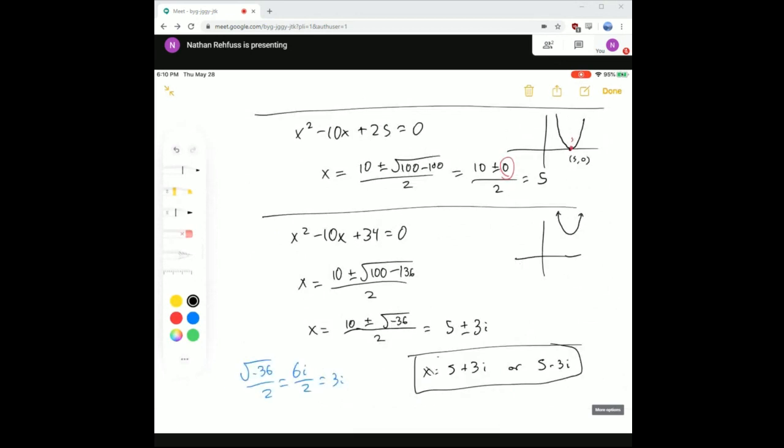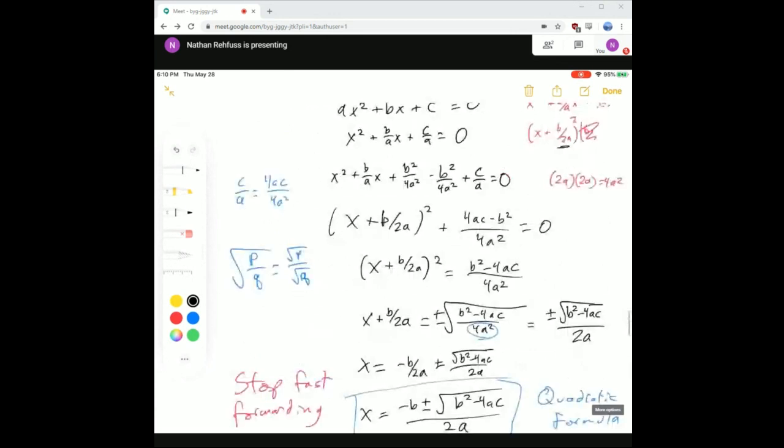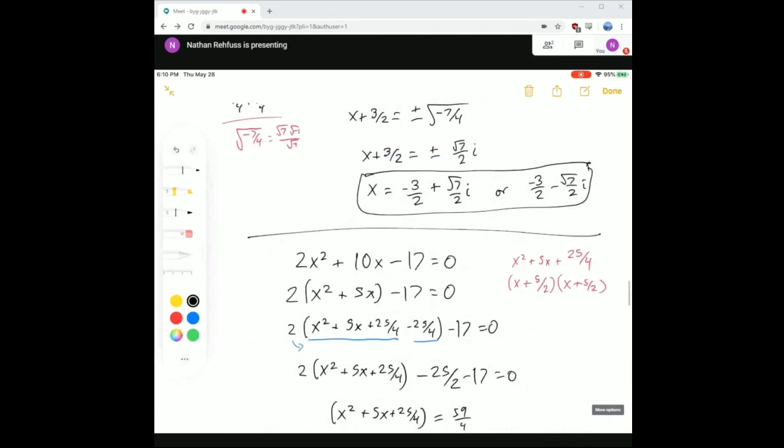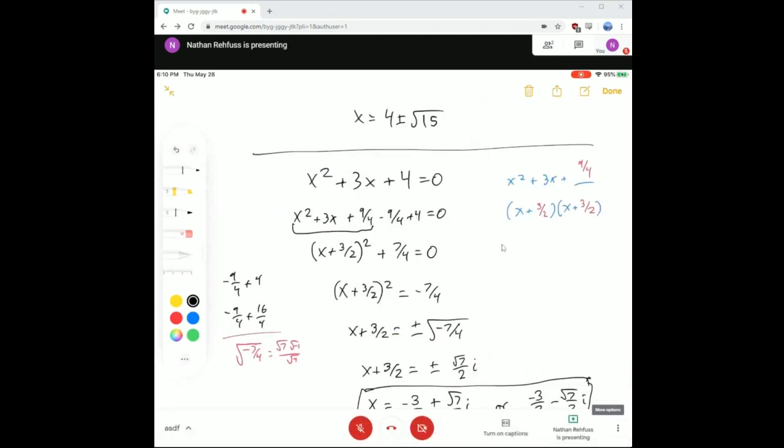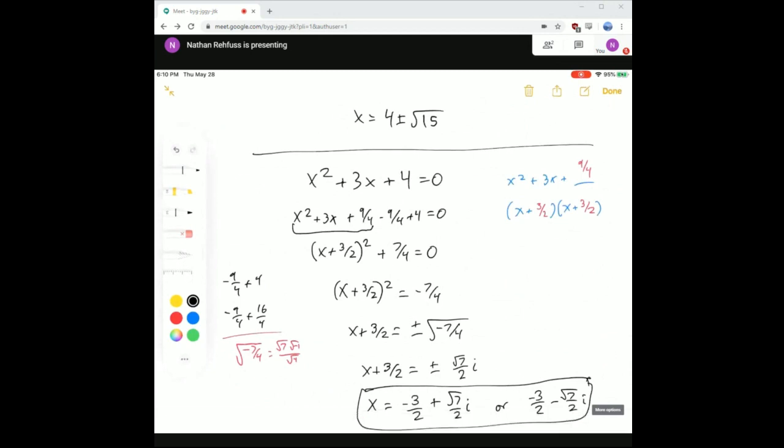So when I was looking at, let's say, this awful problem here, x squared plus 3x plus 4, before I even started the problem, if I just wanted to know whether there were any real solutions, it'd be very simple to find out. I'd say the discriminant is b squared minus 4ac. In this case, that's 3 squared minus 4 times 1 times 4.